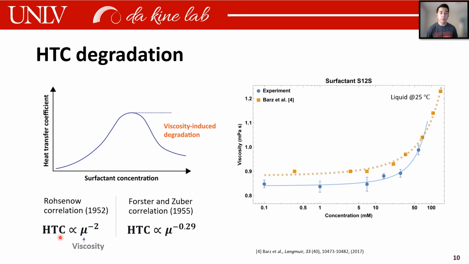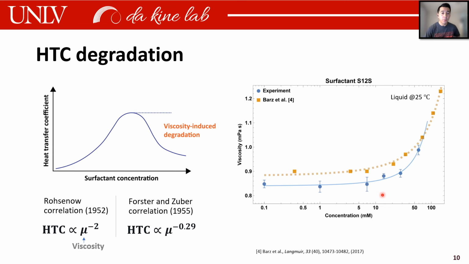We saw in literature there is a relation in which the HTC is proportional to the viscosity, and therefore we conducted an experiment with another custom device that we fabricated in our lab, and we tested the viscosity for this specific surfactant, S12S, at room temperature.